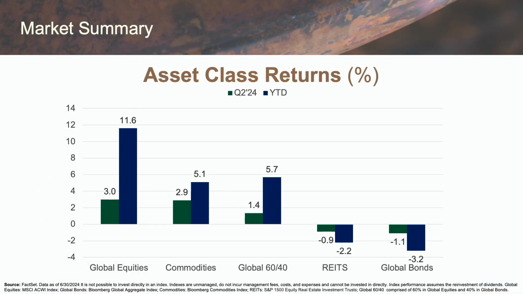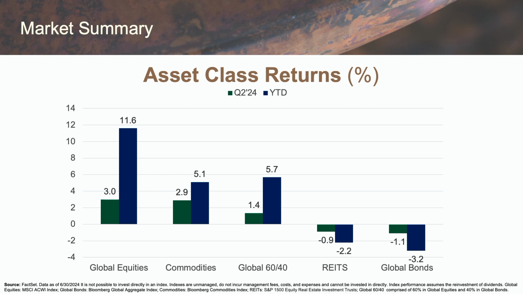We've got it set up here on this chart with global equities, commodities, global 60-40 portfolio, which is your average portfolio, 60% equities, 40% bonds, REITs, and then global bonds. And you can see from a global equity standpoint, not a bad year so far.